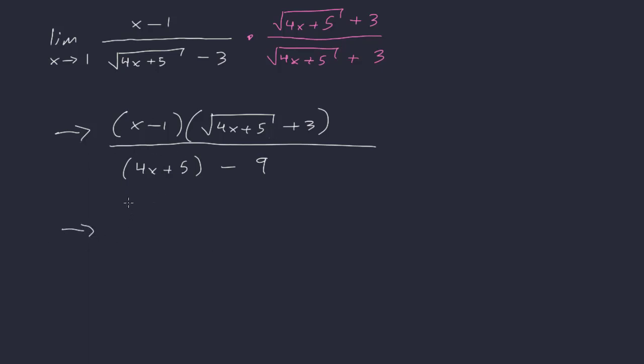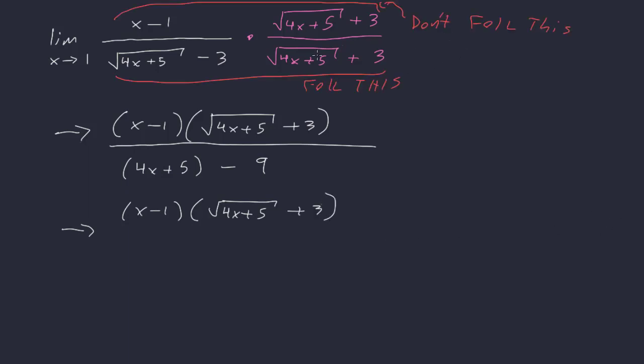Okay, so we're going to get an x minus 1 times the square root junk on the top, so leave that alone. Okay, so I put the notes here. Where the square root originally was, we're going to FOIL that, but we're not going to FOIL this. All right. So here, this simplifies now to be 4x minus 4, okay, in the denominator.